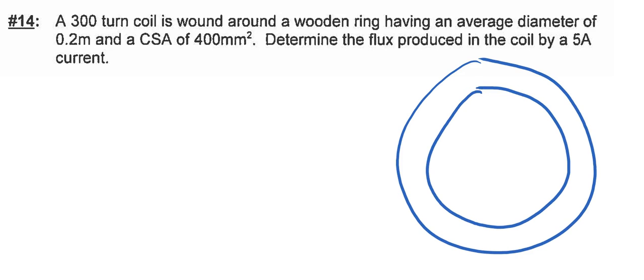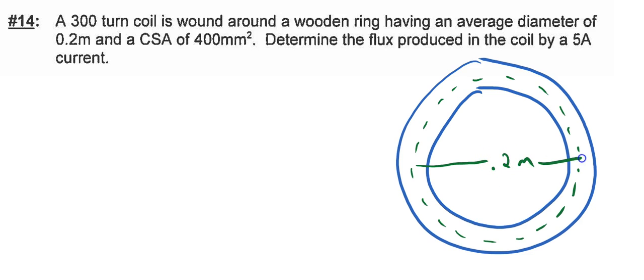Okay, so we are given the average diameter of the ring, and what that typically means is that the average diameter will be represented by the dashed line, and therefore the length of the magnetic circuit would be the length of the dashed line, or the circumference of a circle, represented by a diameter of 0.2 meters, I guess, right?